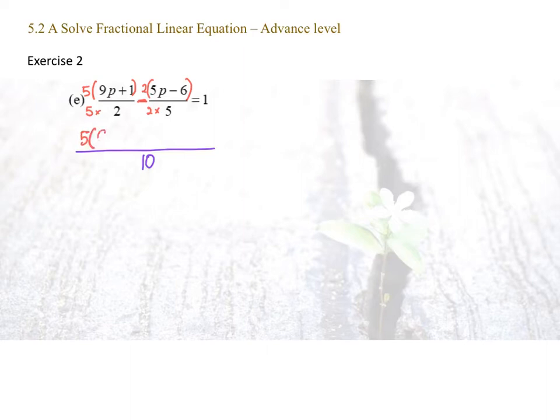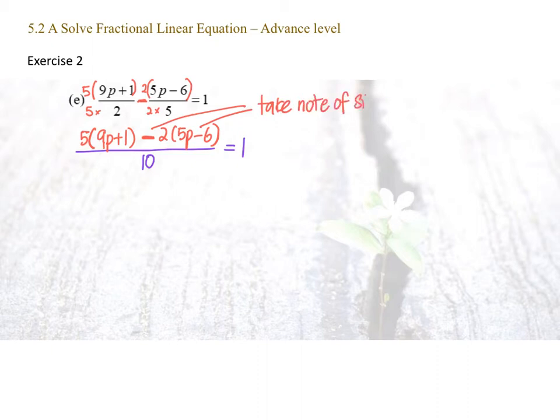5 times of 9p plus 1. Try not to expand your working first. Remember, this is subtract 2 times of 5p minus 6. Now let's do our expansion of the numerator carefully. Take note, negative times negative number will become a positive number. So this is the trap down here, right?